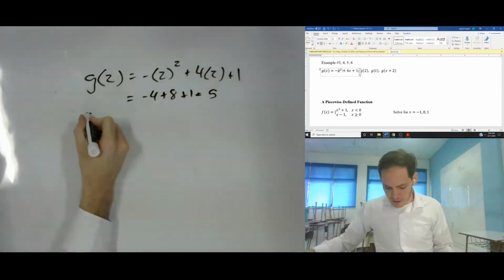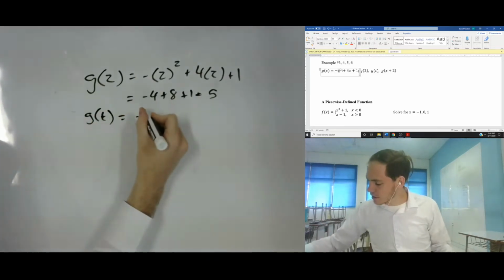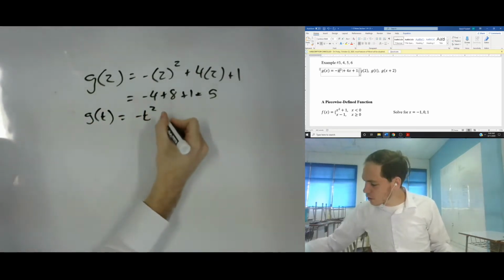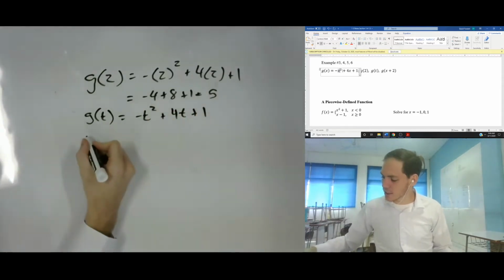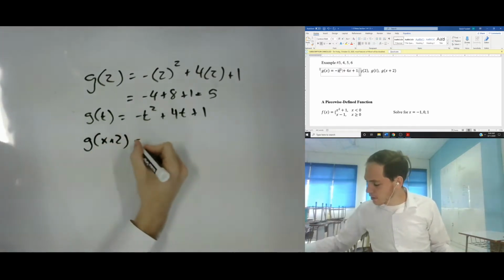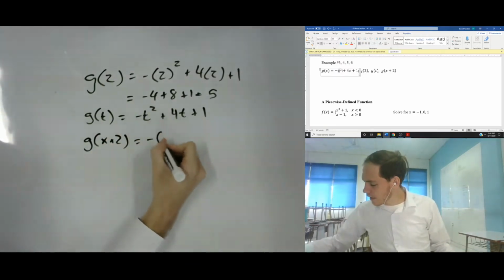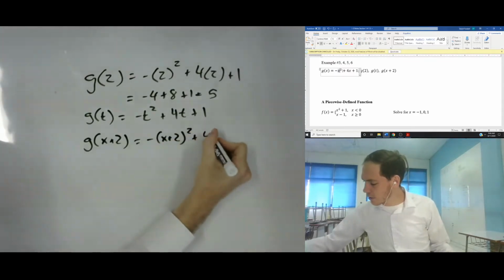Okay, and then if I have g of t, well, this one's just going to get us negative t squared plus 4t plus 1. So notice I just plugged in the t, and then g of x plus 2. I'm actually going to plug in x plus 2 for each input.